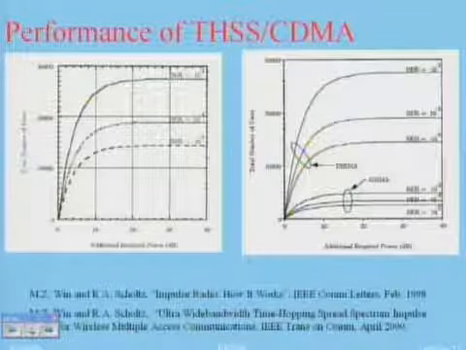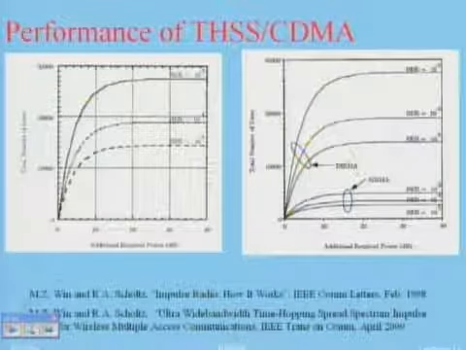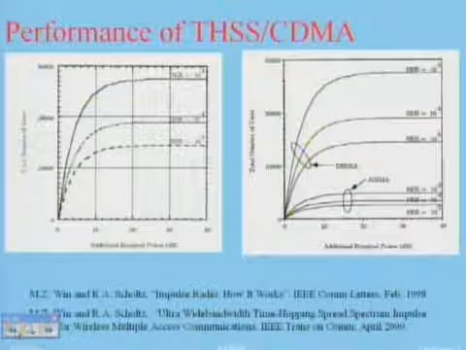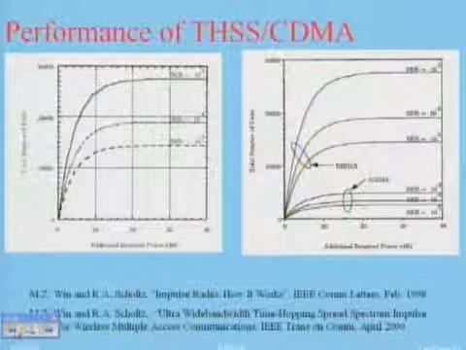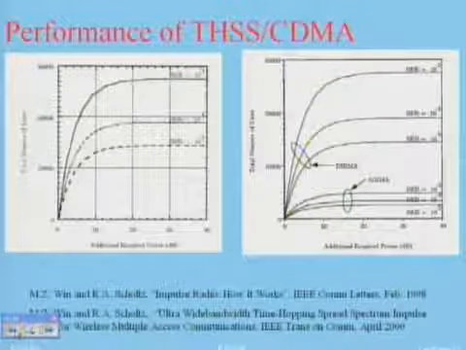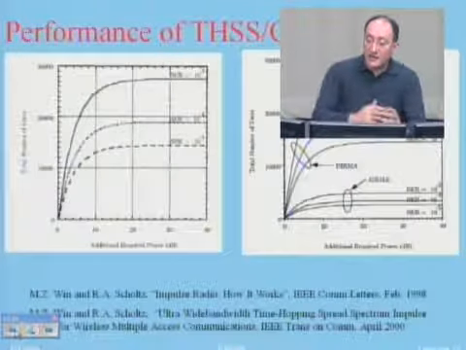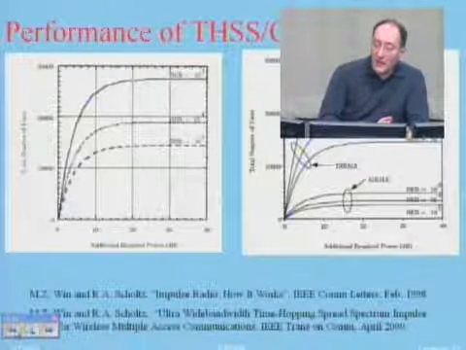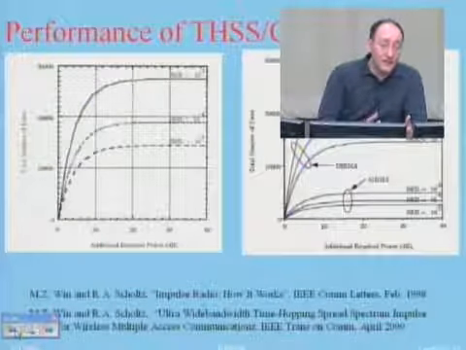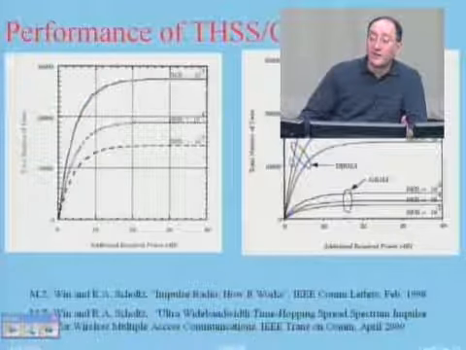And these are some performance curves for a variety of parameters which were generated by Win. And that much detail we don't want to go into. Okay? But basically we know then how they did the impulse radio, how they create the transmitter, how they create the receiver, and it is possible to calculate their performance, and these are the results of the performance.